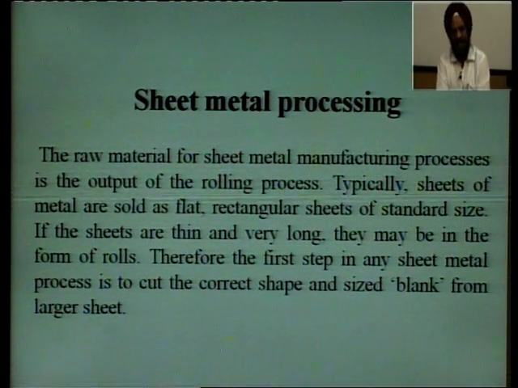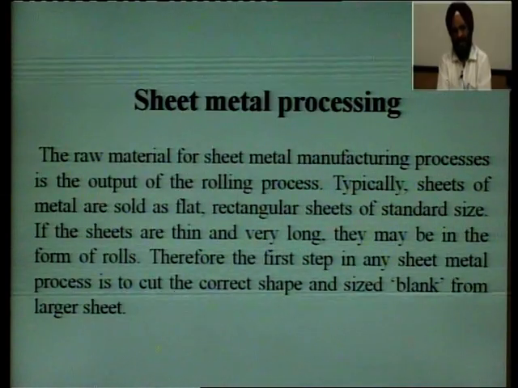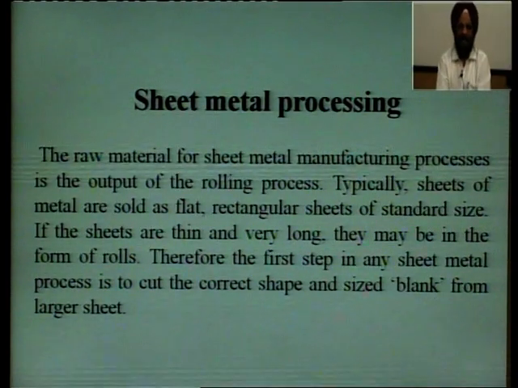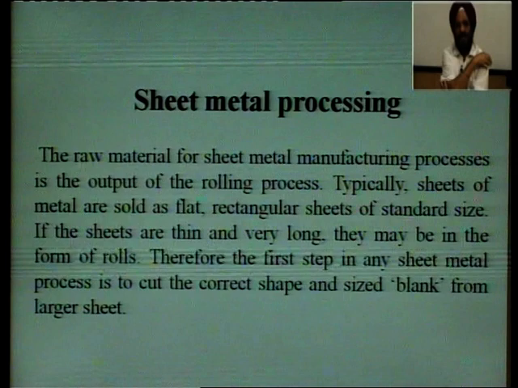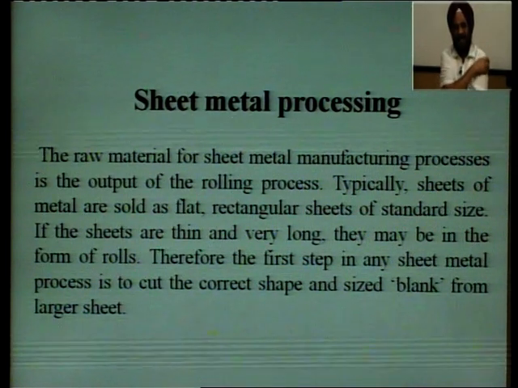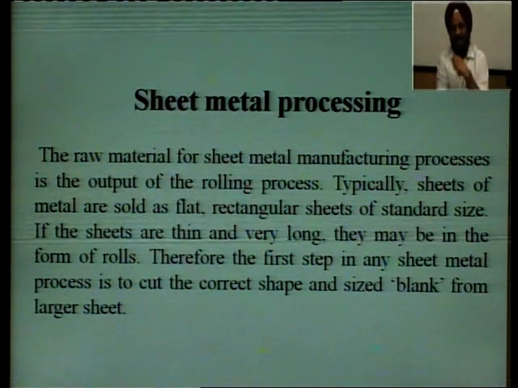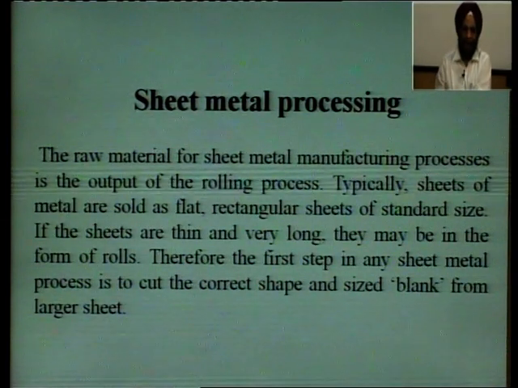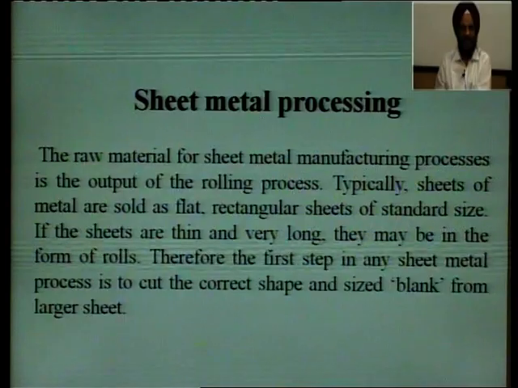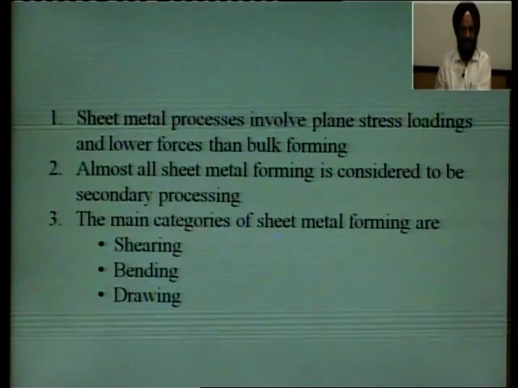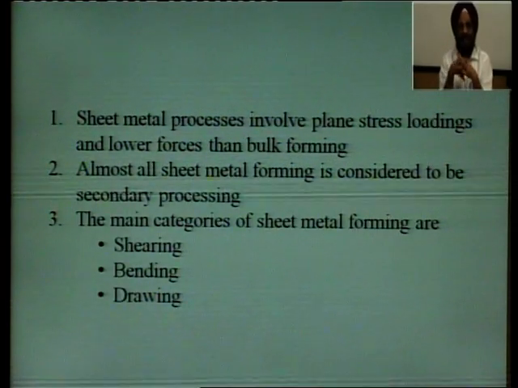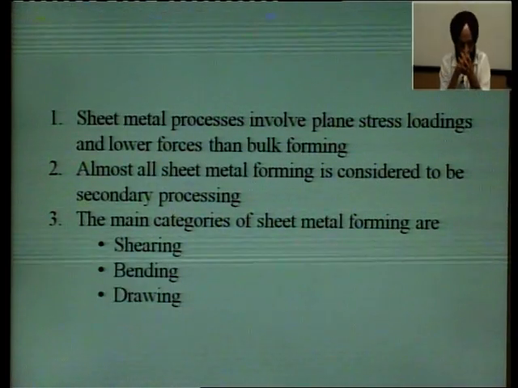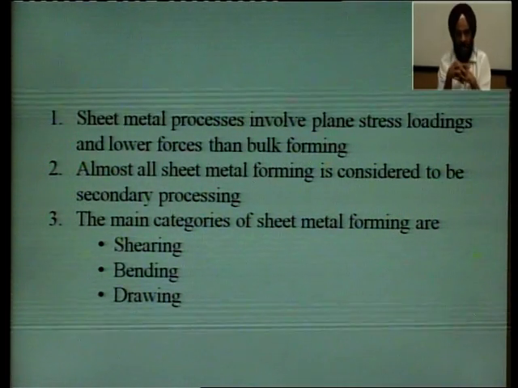Here that knowledge will come into use. How much material will be used for making a particular component? So you develop it, make a calculation, calculate what size of blank you need for making the sheet component, and cut it into pieces. Now the basic sheet metal processes involve shearing, bending and drawing.